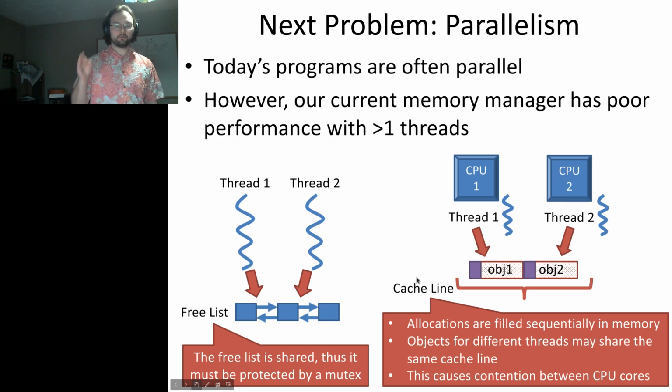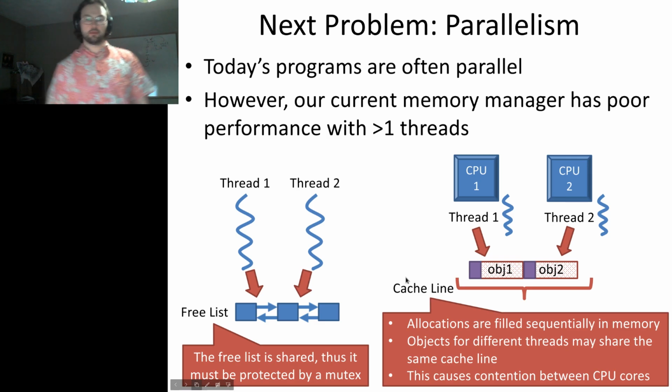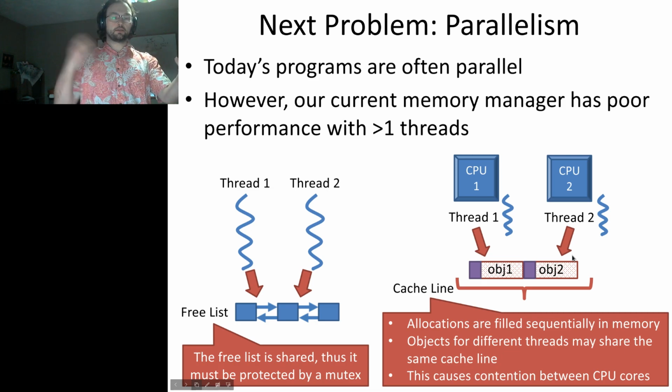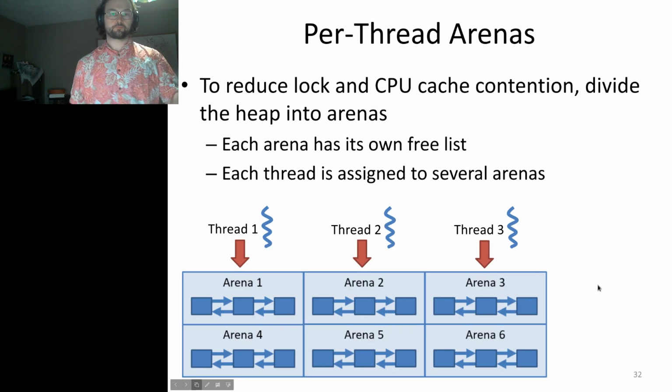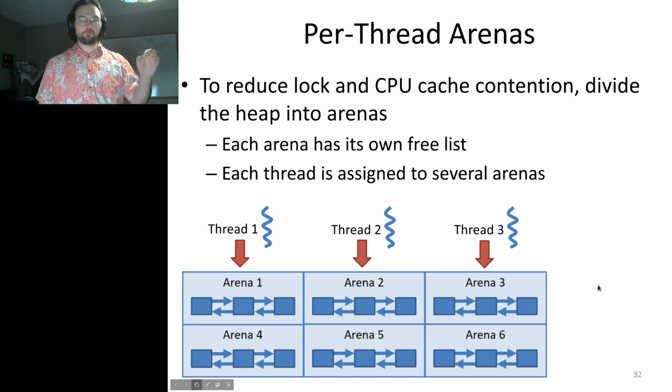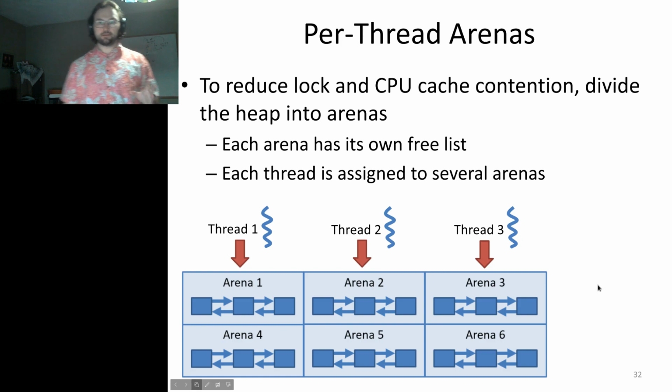Now, if we have a single free list, then we're likely to get a lot of situations where one thread allocates and we get an object, another thread allocates and we get an object right next to it. And so what we'd like to do is maybe not allocate from the same pool for every thread. And the most straightforward solution to that is just to have more free lists. So we have this concept of arenas, and the idea of an arena when we're talking about memory allocators is just a complete copy of the whole allocator.